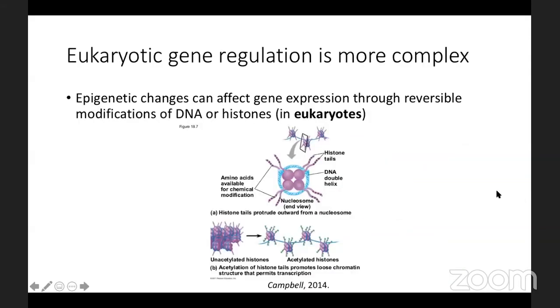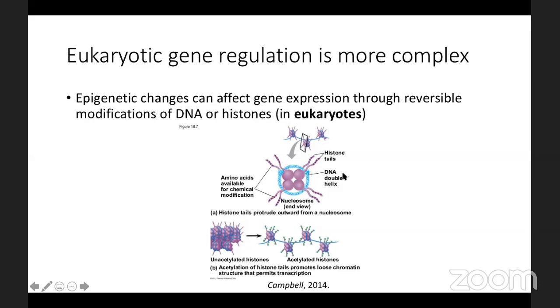Another way that eukaryotic gene regulation is more complex than prokaryotes is that we also have something called histone modifications. So if you remember when you learned about the structure of DNA in cells earlier in the year, you probably learned that DNA is tightly coiled and forms these things called nucleosomes. And they actually have these proteins called histones bound to them, right?